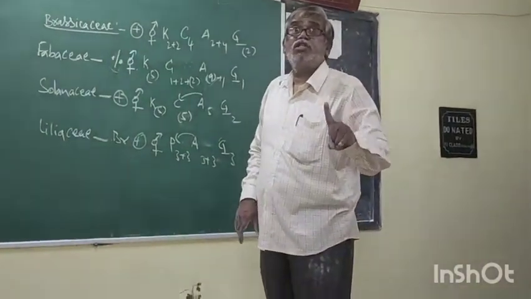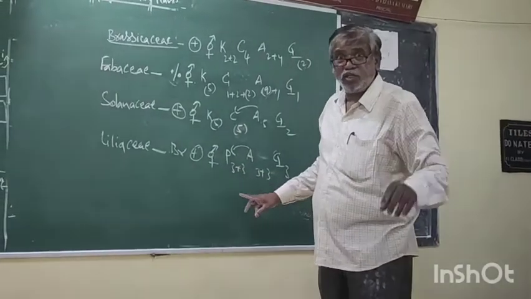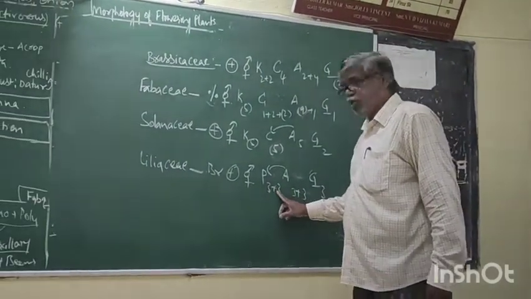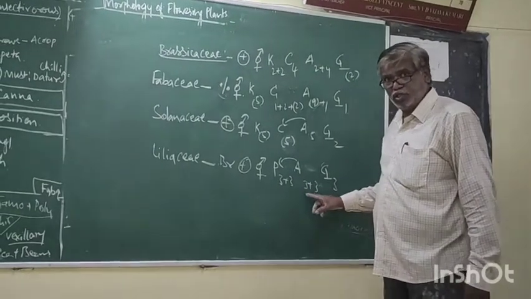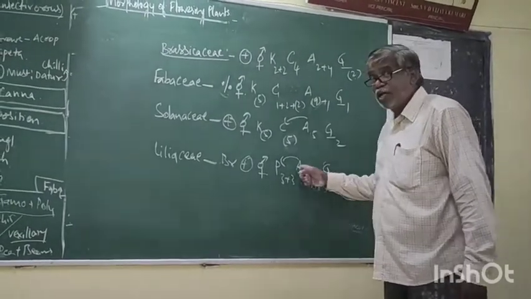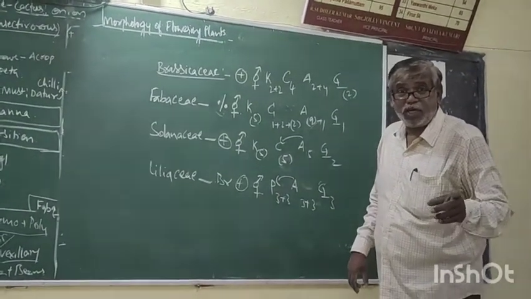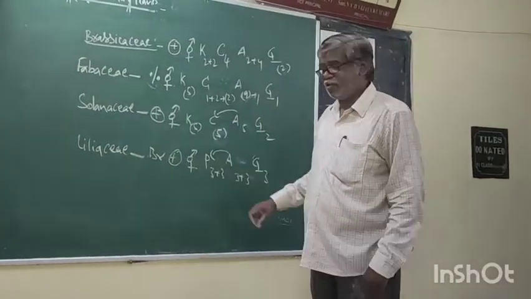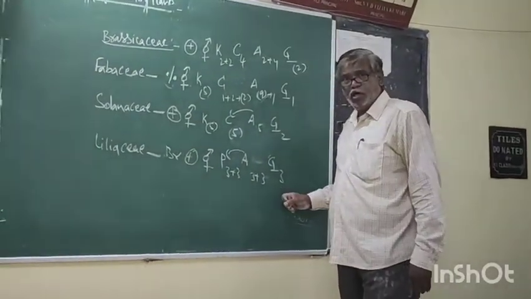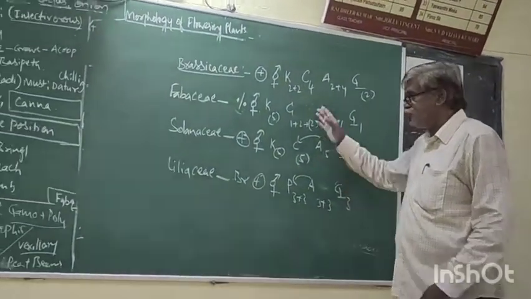The unit of the perianth is called a tepal. How many tepals? 6, arranged in 2 rows. 1 row has 3. Now how many stamens? 6, also arranged in 2 rows. But they are attached to the tepals, hence it is epitepalous. Now how many carpels? Tricarpellary, superior. Now this is about the 3rd family.